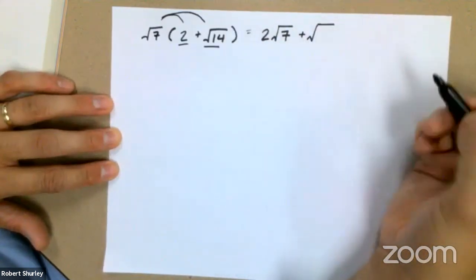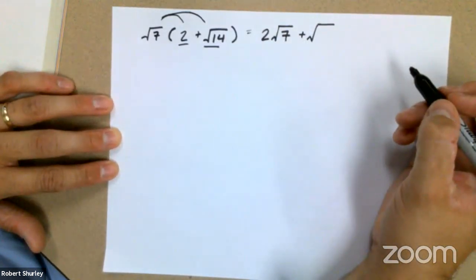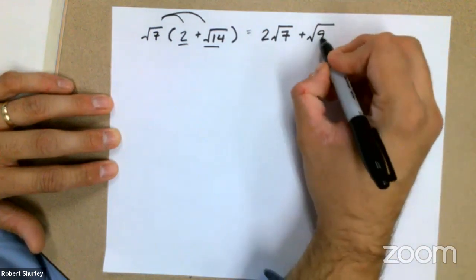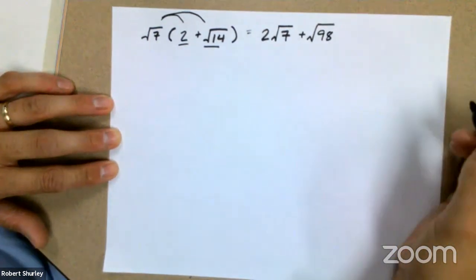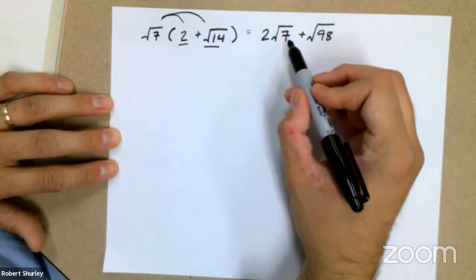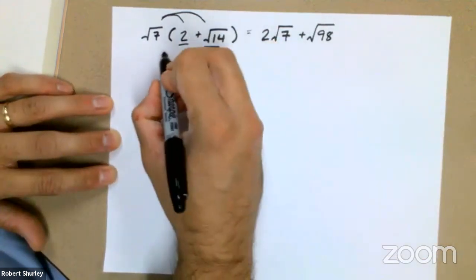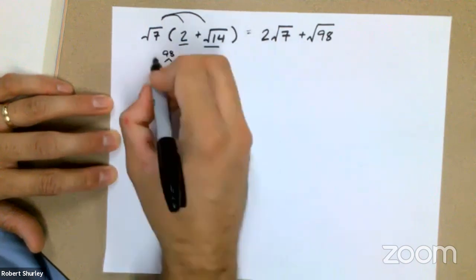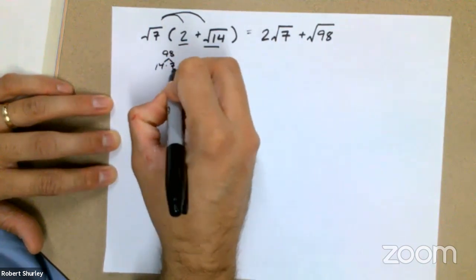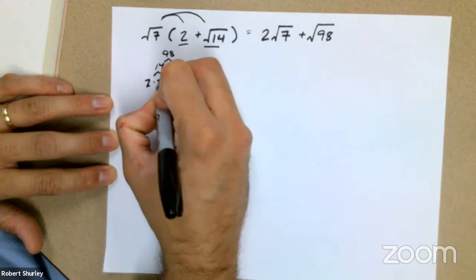That's going to be, what'd you guys get? What's 7 times 14? 98? Okay. We're going to have to see if that simplifies. I know the 7 won't because the 7 is just a prime number, but 98 probably simplifies. And we know it's 14 times 7, right? And then it's 2 times 7.